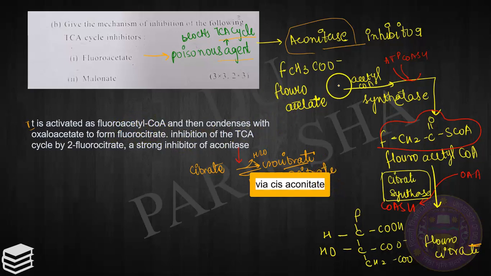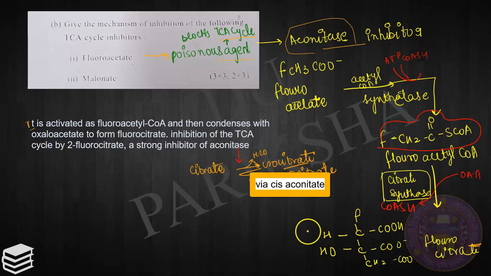Okay, what happens? Fluoroacetate is activated as fluoroacetyl CoA by the acetyl CoA synthetase enzyme. This fluoroacetyl CoA then condenses with oxaloacetate just like normal acetyl CoA, with the help of the enzyme citrate synthase, and forms fluorocitrate.